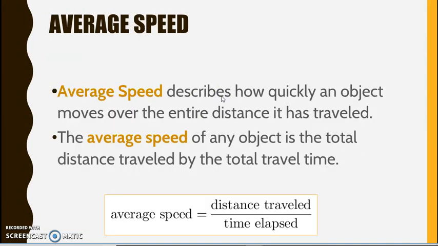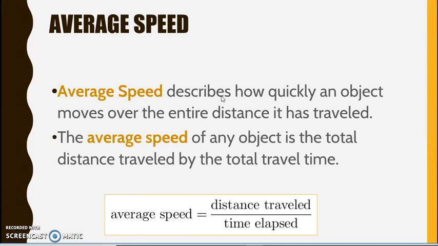Average speed is for a trip or a distance that something has traveled, and the average speed is just what it sounds like: the total distance traveled divided by the total time. So if I drive from my house to Central Hardin High School, I might go really slow through my neighborhood. I might speed up a little bit when I'm on the main road, and then I'm going to slow down again when I'm in the parking lot, right?